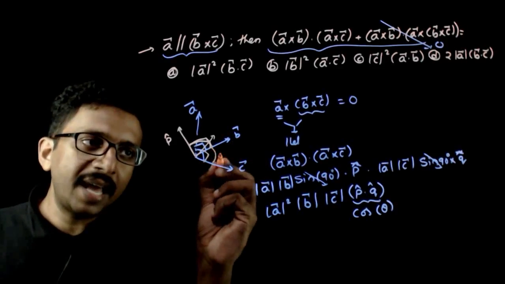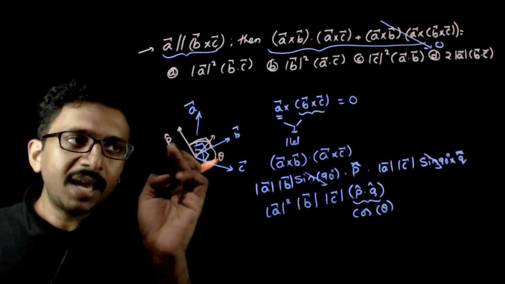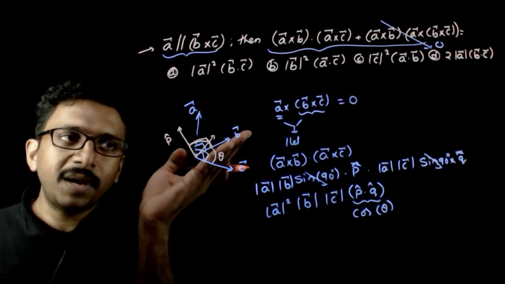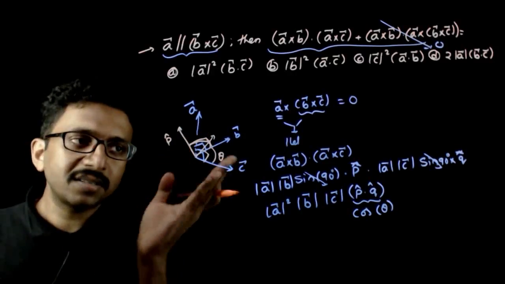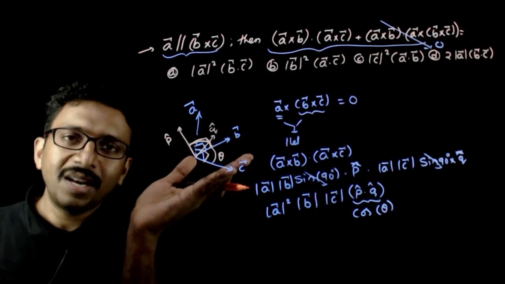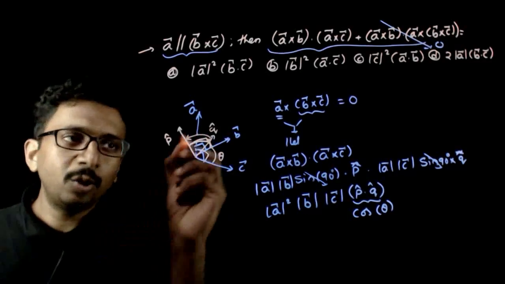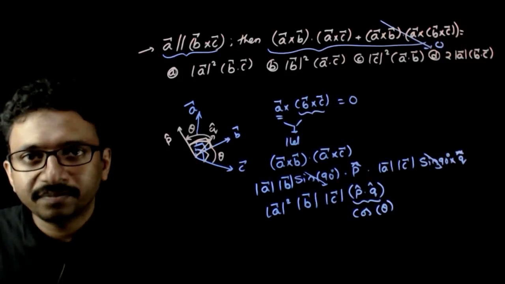So if theta is the angle between B bar and C bar, P cap is the vector B bar rotated through 90 degrees, and Q cap is a unit vector at 90 degrees to C bar. So what will be the angle between P cap and Q cap? This will also be equal to theta.